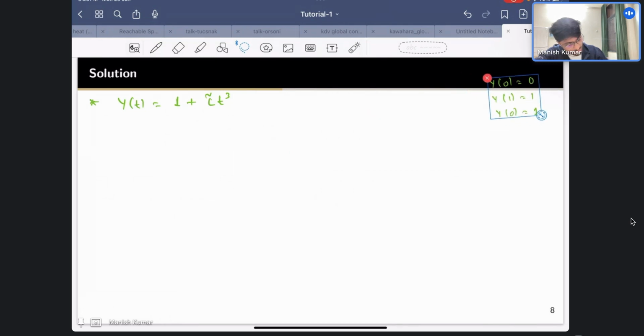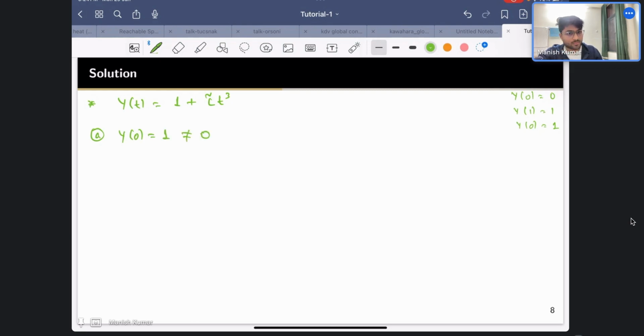Okay, so these are the initial conditions that we want to check. Let us begin with the first case. The first initial condition was that y(0) is 0. If you substitute t equal to 0 here, you are getting 1, which is not equal to 0, right?